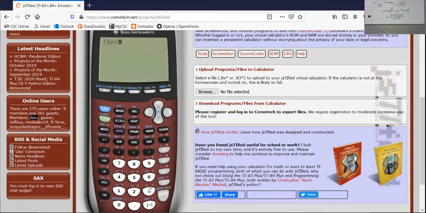The natural log of 337 divided by 1013 divided by negative 0.000128.